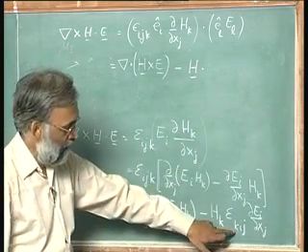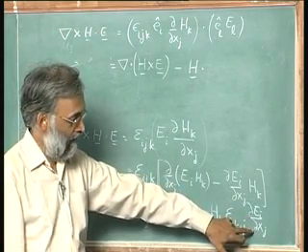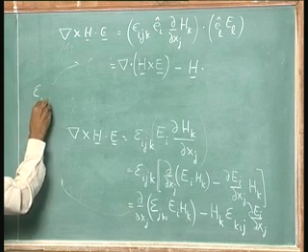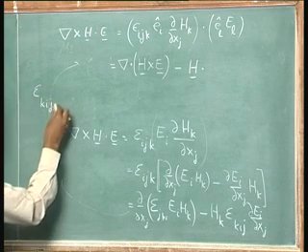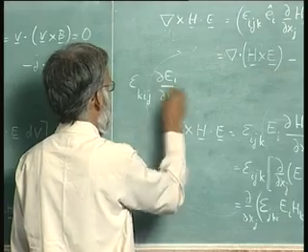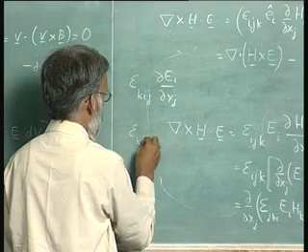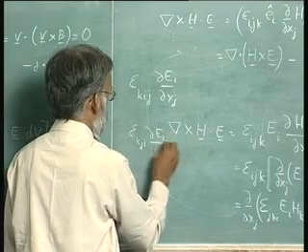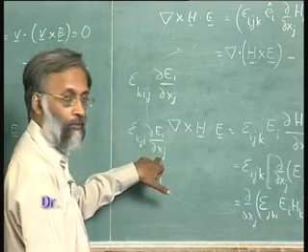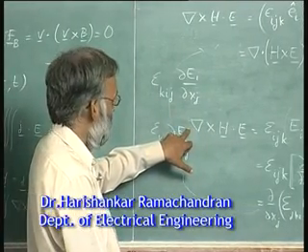well, this is epsilon k i j del E i del x j, but what I really would like is epsilon k j i del E i del x j, because I want the second index to correspond to the derivative, third index to correspond to the vector.